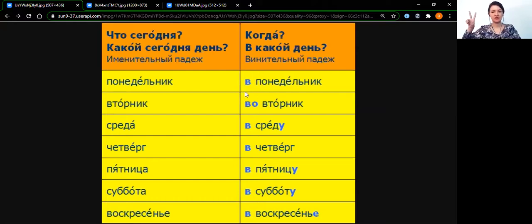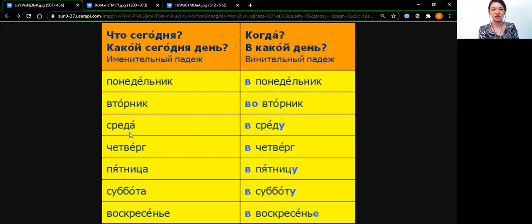And the second thing, you need to think about the gender. Masculine gender and neuter gender, we don't change. Like here, понедельник remains понедельник. Вторник, the same, вторник.